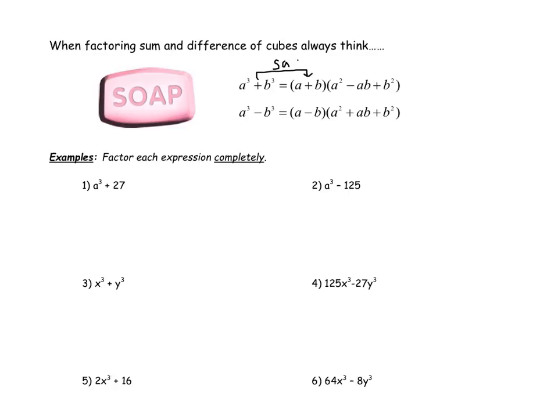Then we will have the next sign be opposite. So same, opposite, and the last will always be positive. So again, same as this sign, opposite, always positive.